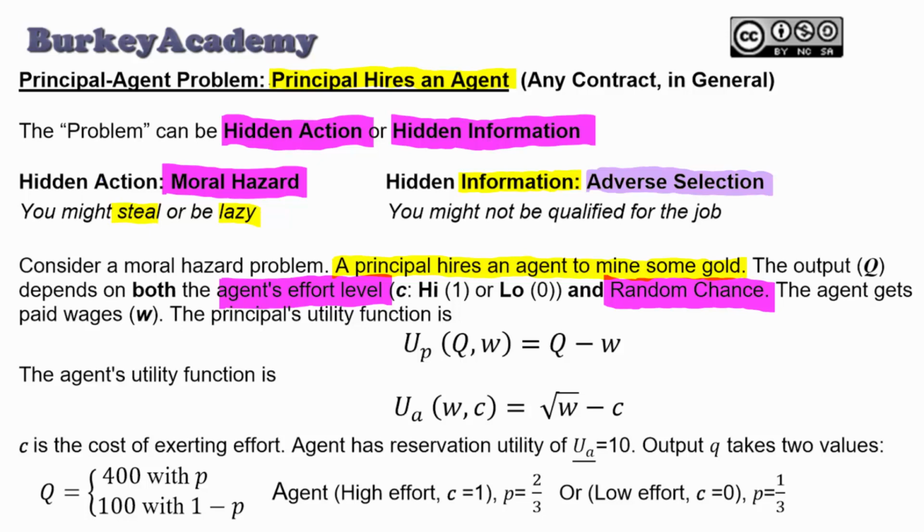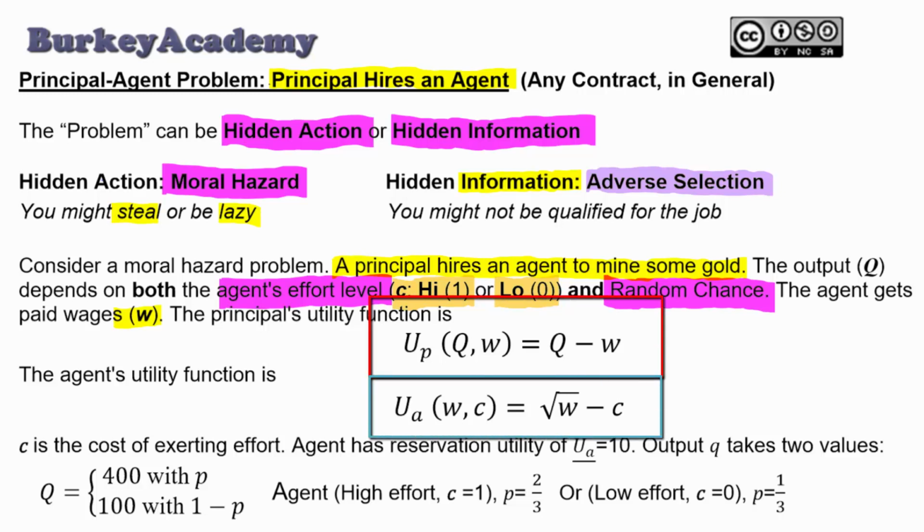So we are the principal, we're hiring this agent. We're going to pay this agent wages, which we'll call W. The agent's effort, we're going to assume, can either be high or low. We're just restricting it to be either high or low, and we're going to call high an effort of 1 and low an effort of 0. The principal has a utility function and the agent has a utility function.